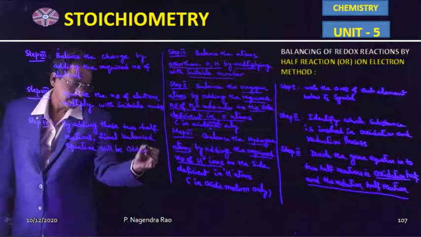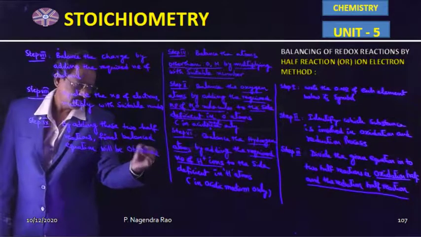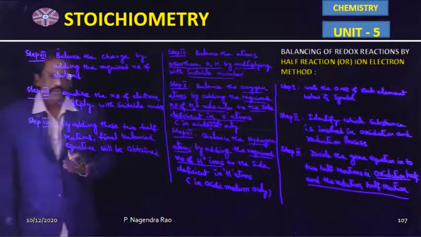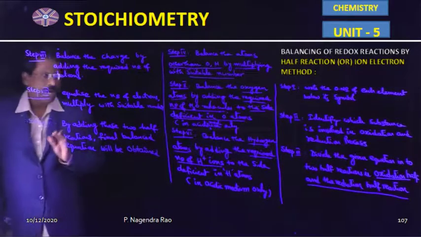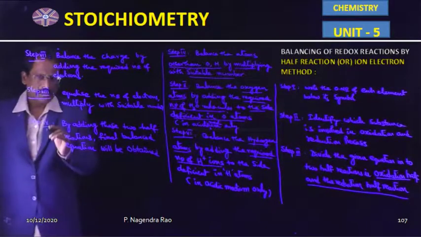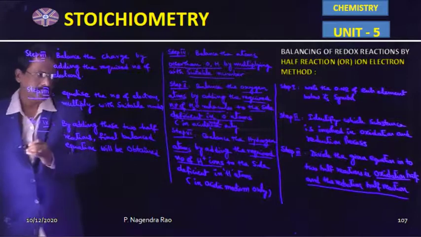So these are the different rules used in the half reaction method or ion electron method.